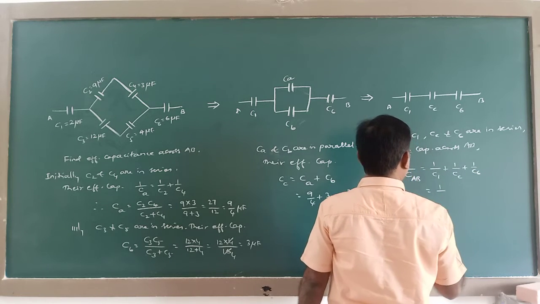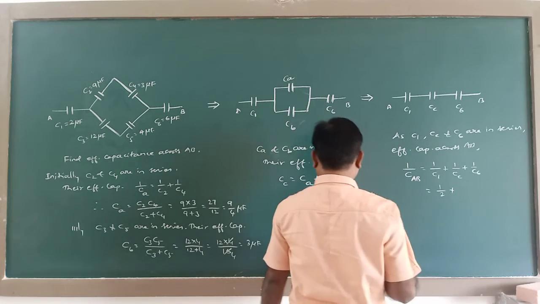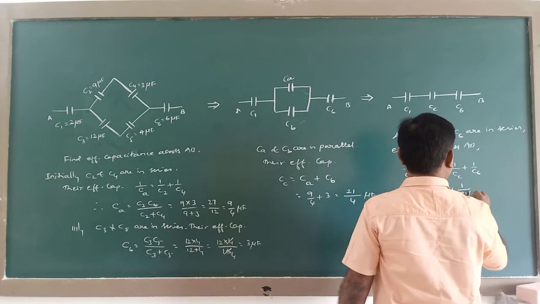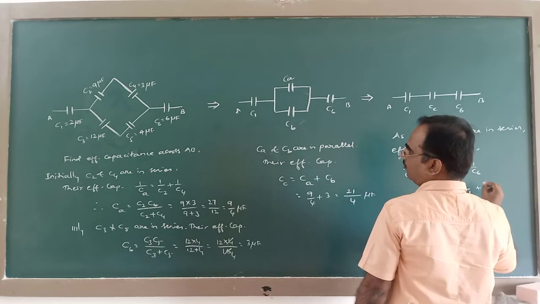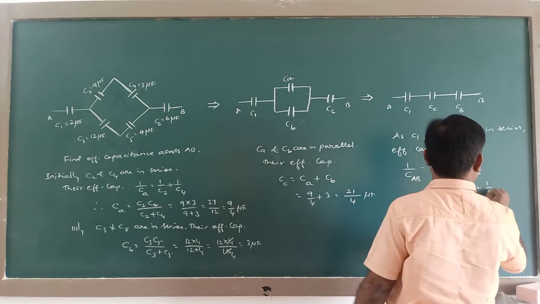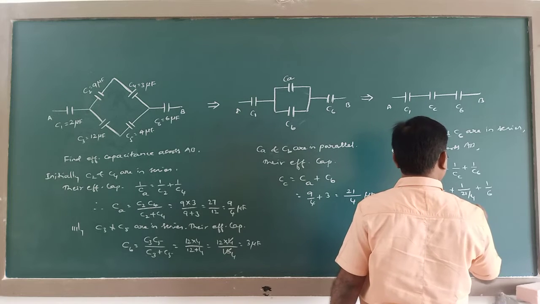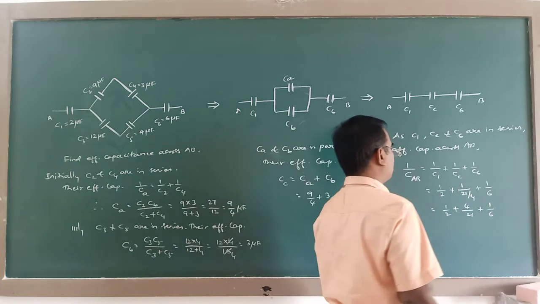So this is 1 divided by 2, plus 1 divided by 21/4, plus 1 divided by 6, that is 1/2 plus 4 divided by 21, plus 1/6.